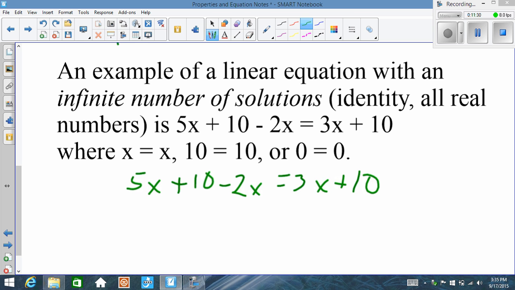You could get x equals x, 10 equals 10, or 0 equals 0. All 3 of these are considered true. x always equals x, 10 always equals 10, and 0 always equals 0. Whenever you get those situations, we are looking at an infinite number of solutions, which means all real numbers will work.